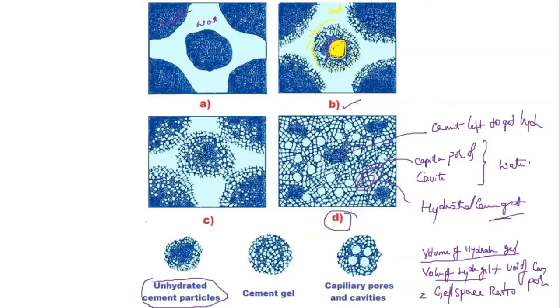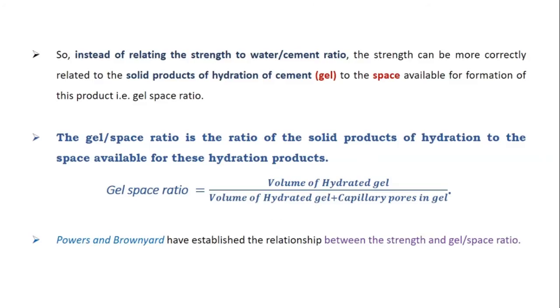Okay, so now we are saying that the strength of the concrete is dependent upon gel space ratio. Therefore, the gel space ratio is given by volume of hydrated gel divided by volume of hydrated gel plus capillary pores in gel.